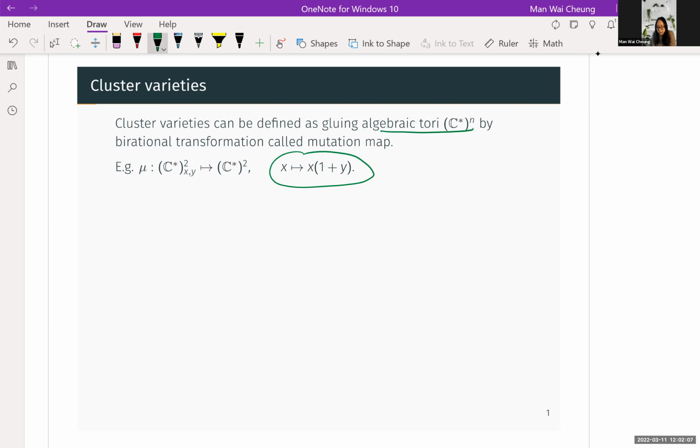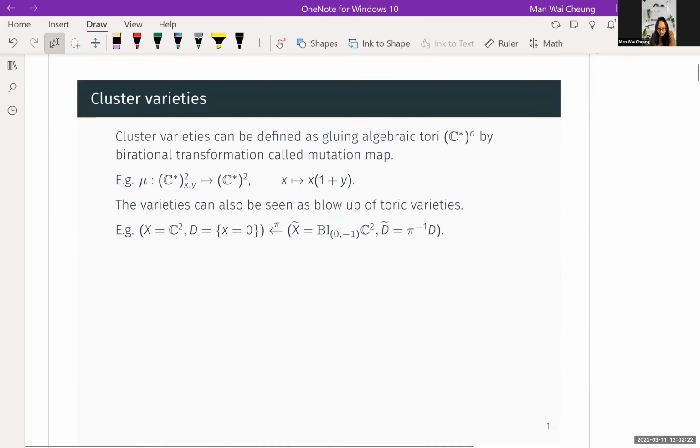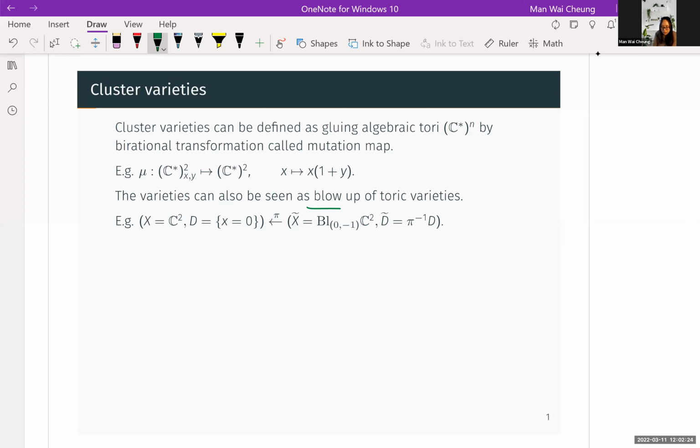But as a geometer, people usually don't like this definition and ask why we in particular want to glue the tori like that. So here is an interpretation: this gluing can be seen as a blowup of toric varieties.